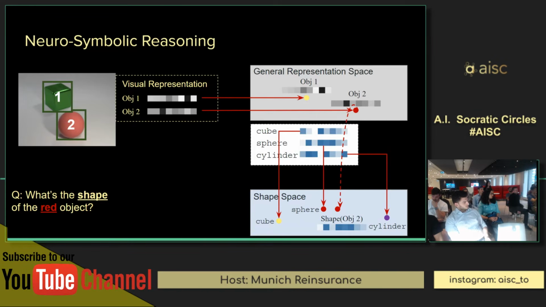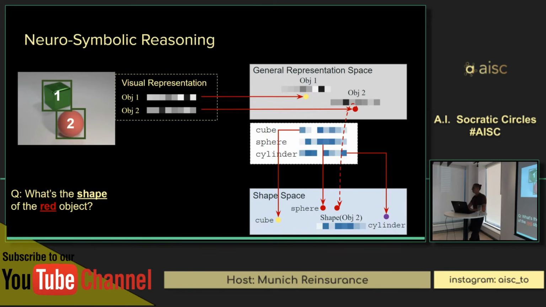So the visual representation part is a module, some kind of visual vector. Would you mind repeating the question? So the question is, is the visual representation a model?